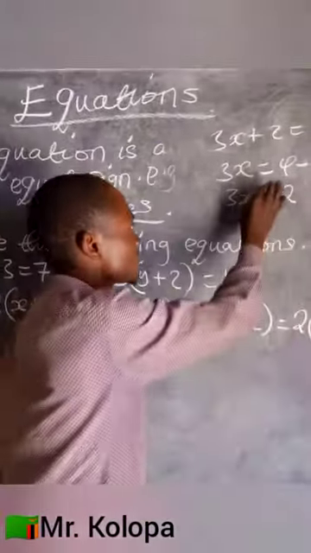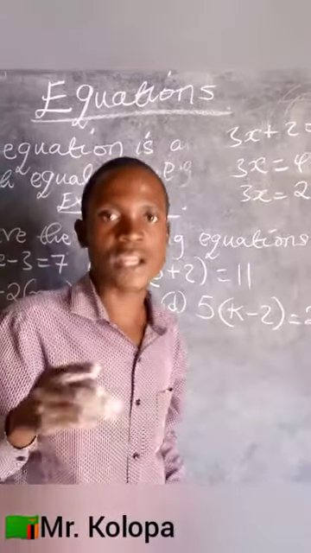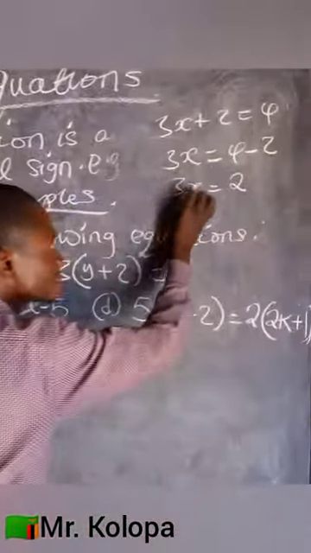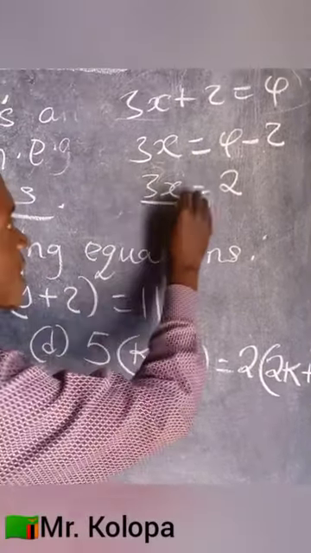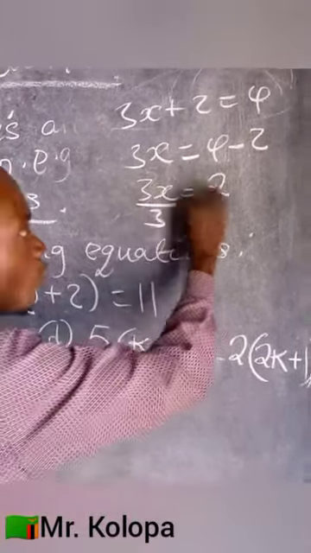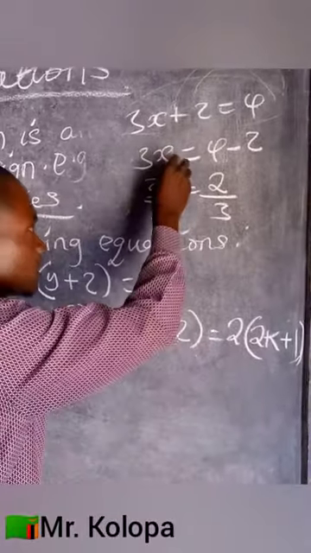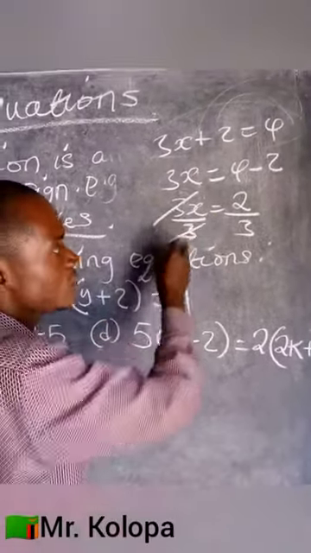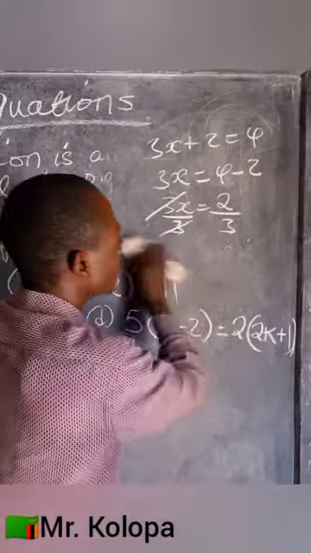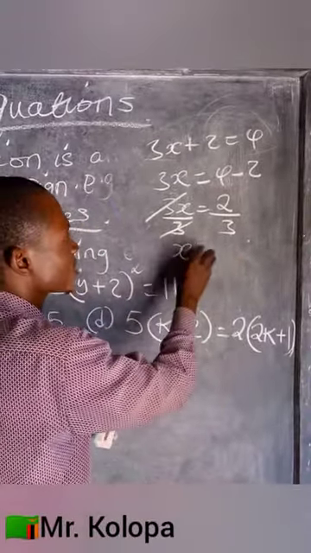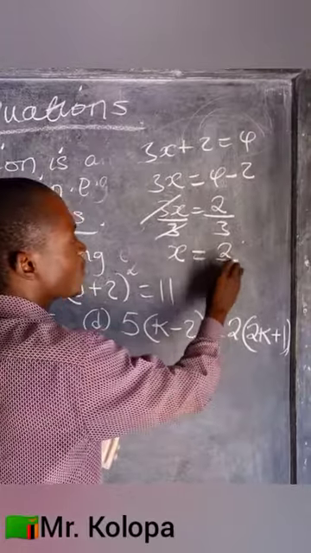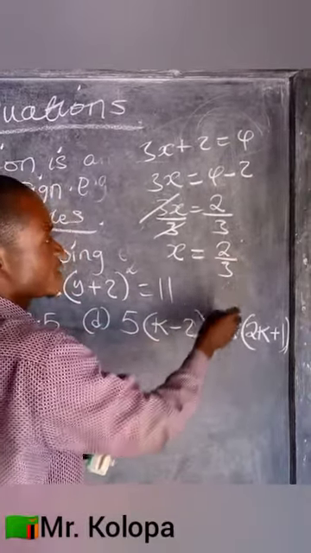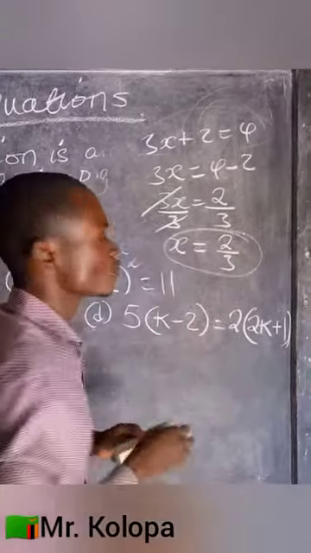We want this x to have a coefficient of 1. How can we remove this 3? We can only remove it by dividing this side by 3, and that side by 3, so that you cancel the 3 and remain with x. So we are going to have 2 over 3. This is how we are supposed to solve the equation.